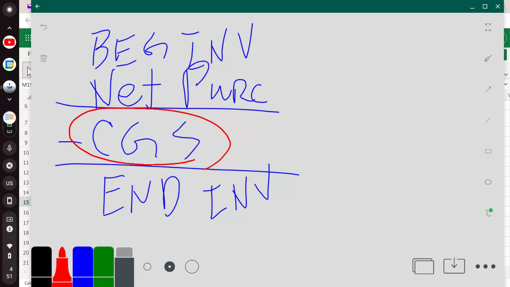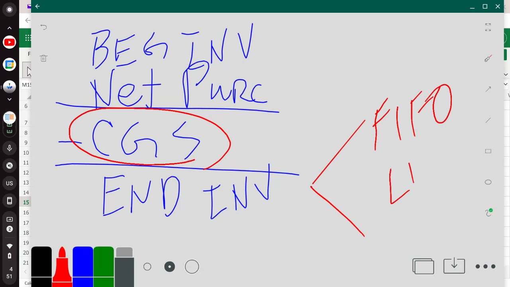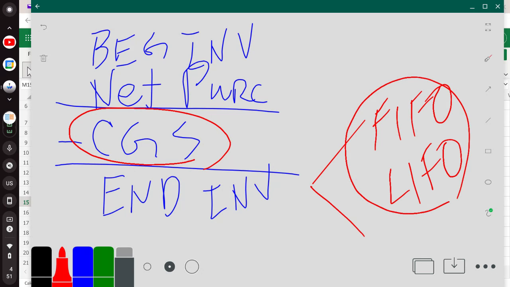There's an inventory value. So you may have heard of FIFO, LIFO, which are basically inventory valuation method techniques. Depending on FIFO and LIFO, it can overestimate or underestimate the true cost.